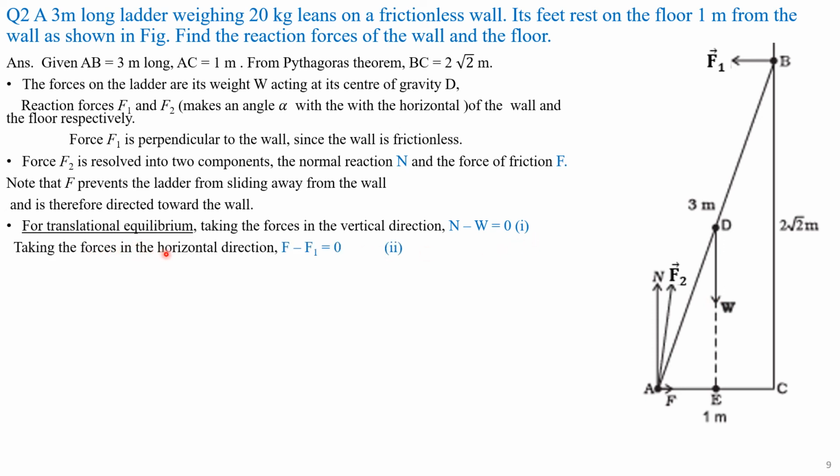Taking the forces in the horizontal direction, F, which is due to friction, is pointing right hand side, that is from A to C, and F1 is from B towards the left hand side. Therefore, F minus F1 is equal to 0.